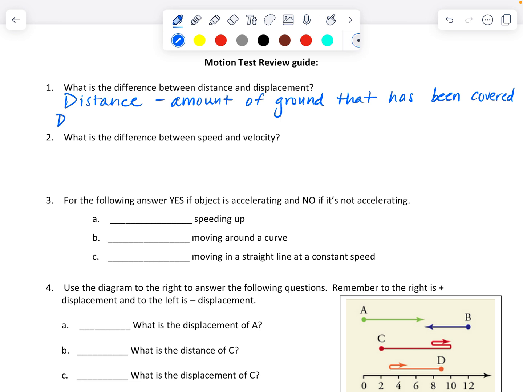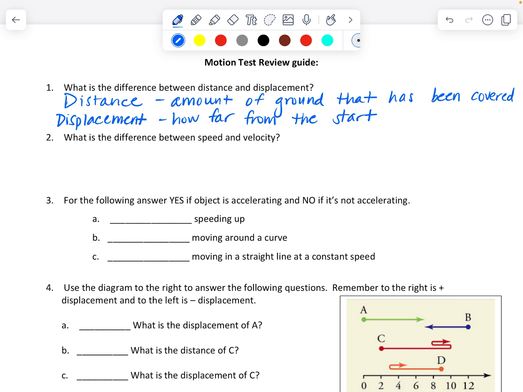Displacement is how far you are from the start. Make sure you're kind of correcting yours as you're going through this. You can pause if you need to.